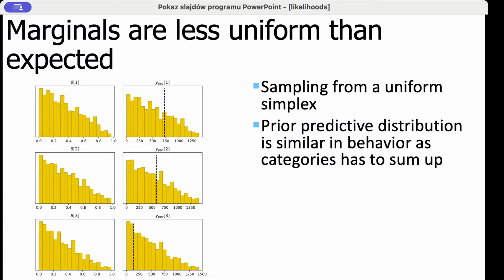What I mean is that our prior that is uniform over the space of all possible three-element simplexes, when you look at each individual probability, those probabilities will not be uniform. Those marginal distributions of individual parameters will not be uniform.